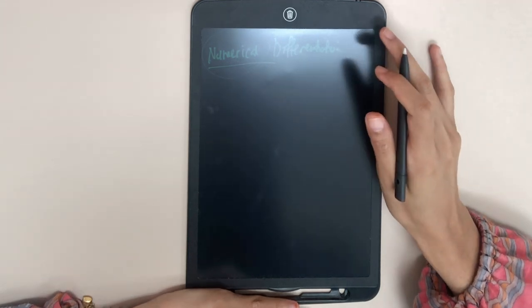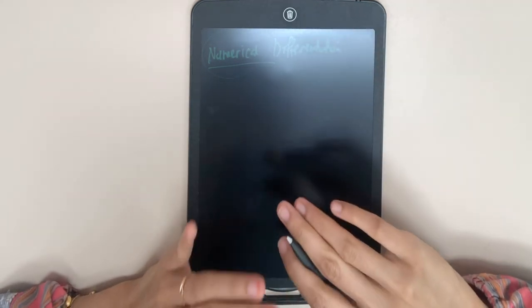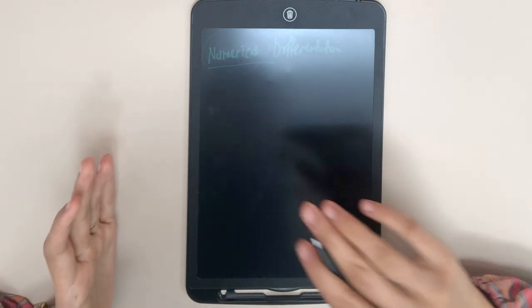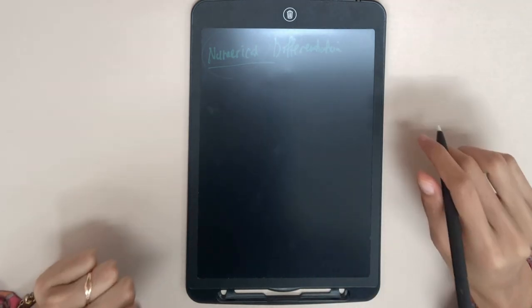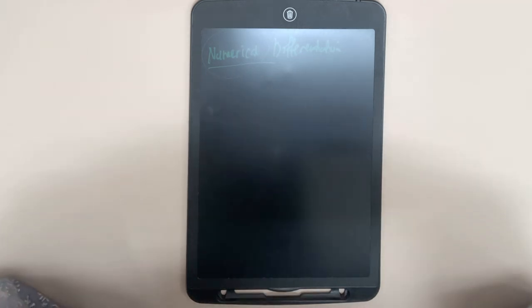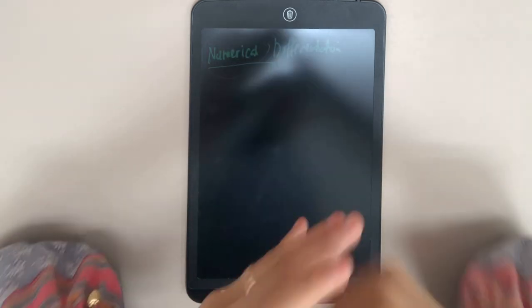I hope that you can differentiate between the analytical approach and the numerical approach. So what's meant by numerical differentiation? Numerical differentiation is something that we want to estimate, estimating the derivative of a function at a specific point.